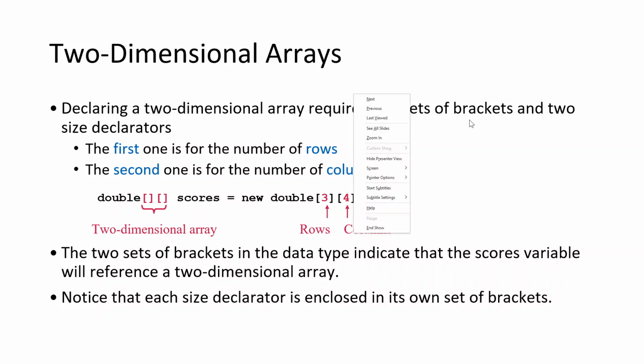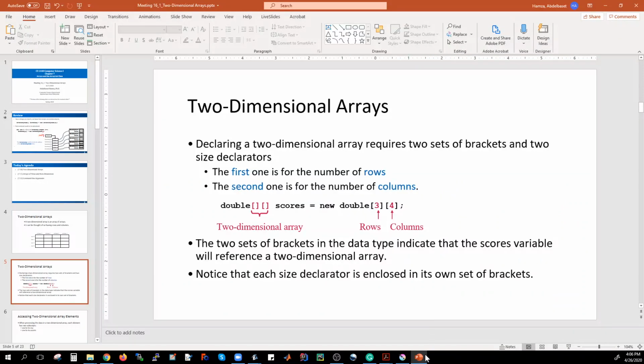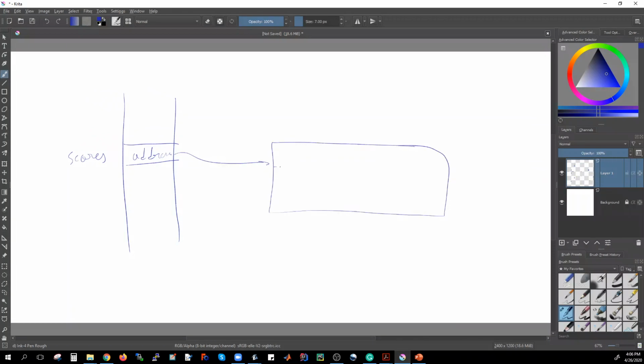So when I do something like this, what is happening is that, if we want to visualize this in the memory, we could think of it this way. In the stack, I have scores as an address pointing to a two-dimensional array, right?